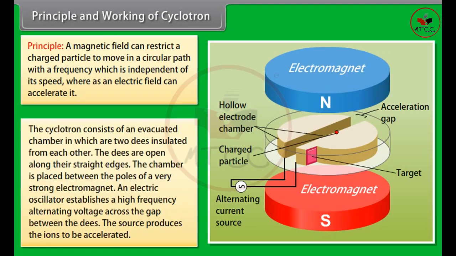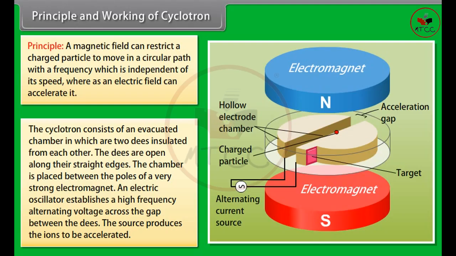The cyclotron consists of an evacuated chamber in which there are two Ds insulated from each other. The Ds are open along their straight edges. The chamber is placed between the poles of a very strong electromagnet. An electric oscillator establishes a high-frequency alternating voltage across the gap between the Ds.